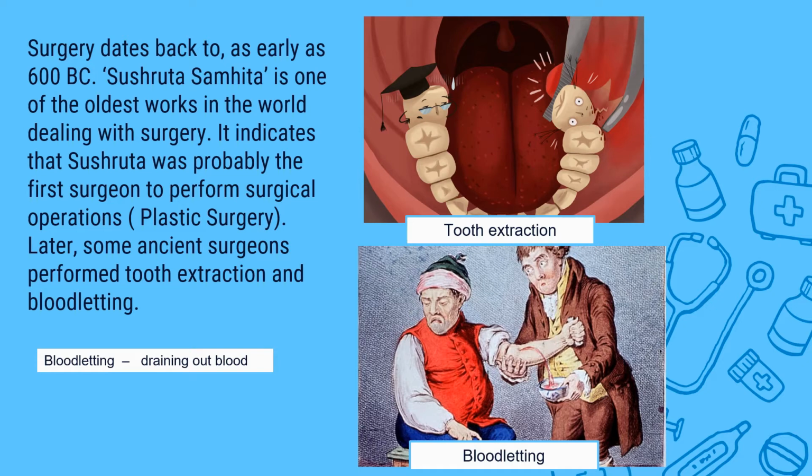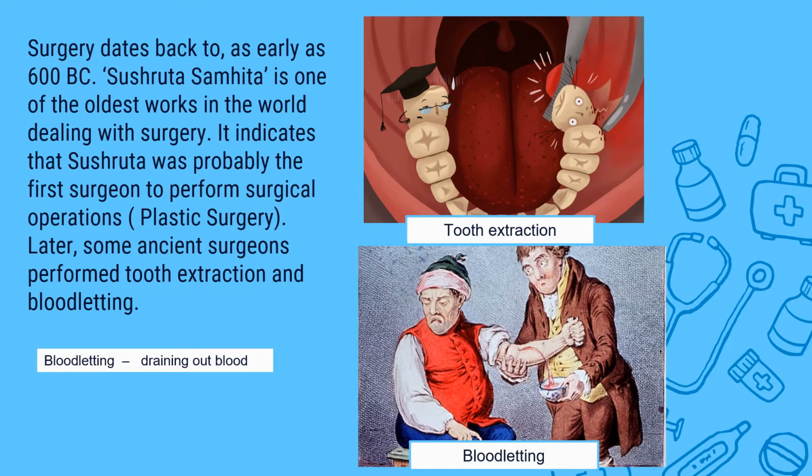In this paragraph, we understand that surgery is not a new concept that emerged in the last century, but it was introduced to us a long time back. Sushruta Samhita is one of the oldest books that deals with surgery, and we also learn that he was probably the first surgeon who performed surgical operation, that is plastic surgery.